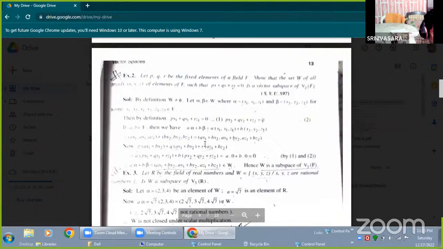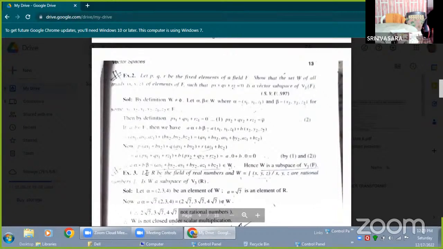This point also belongs to the given condition: p of ax1 plus bx2, q of ay1 plus by2, plus r of the third coordinate az1 plus bz2. Now we get that this condition is 0 and that condition is 0, by the first and second equations. That is the verified part.